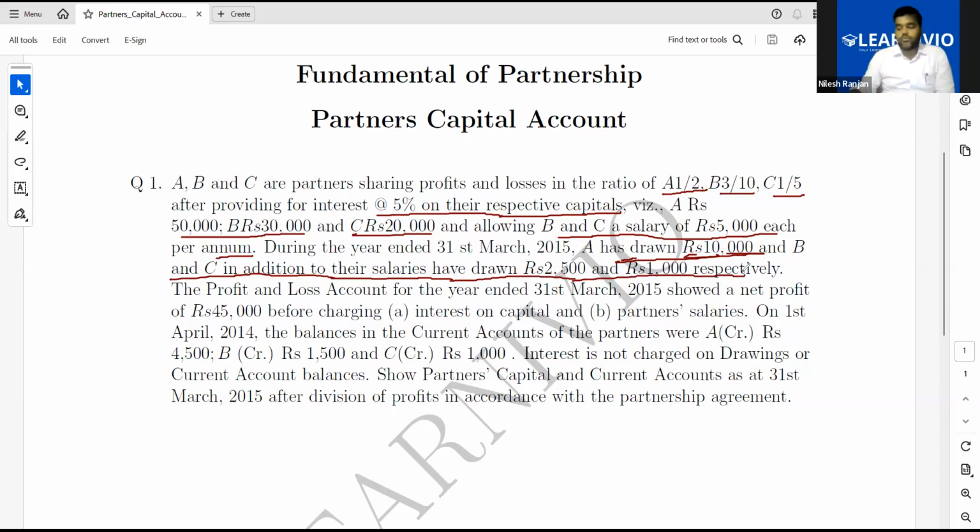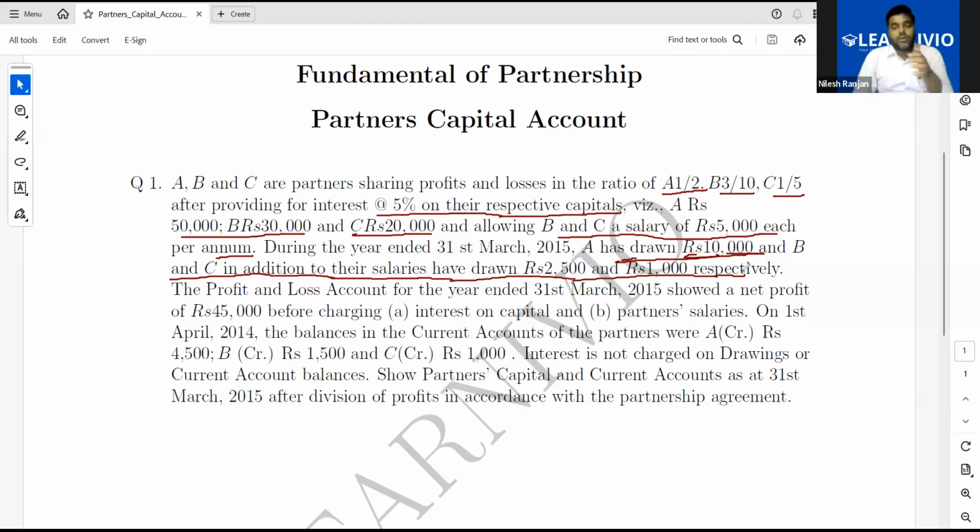This point is very important. You have to understand this because A has drawn only 10,000. There is no other line written with it. A has drawn 10,000. But B and C have drawn 2,500 and 1,000 in addition to their salary.